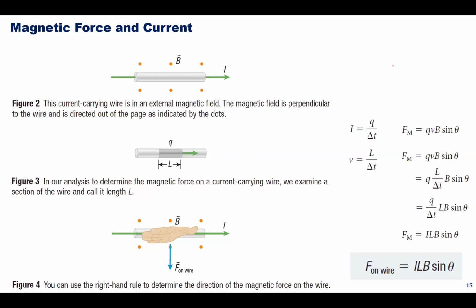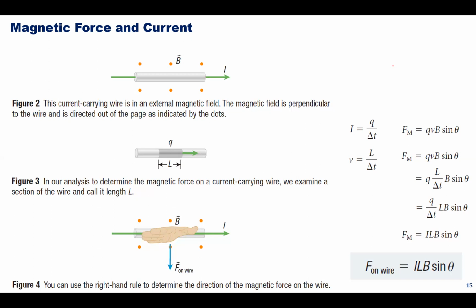So a segment of the wire of length L is shown here in figure 3. The current, which is usually denoted by uppercase I, in this segment is I equals Q over delta T, where Q is the electric charge that passes by one end of the wire segment in the time interval delta T. This equation is the relationship between charge and current we have studied before.